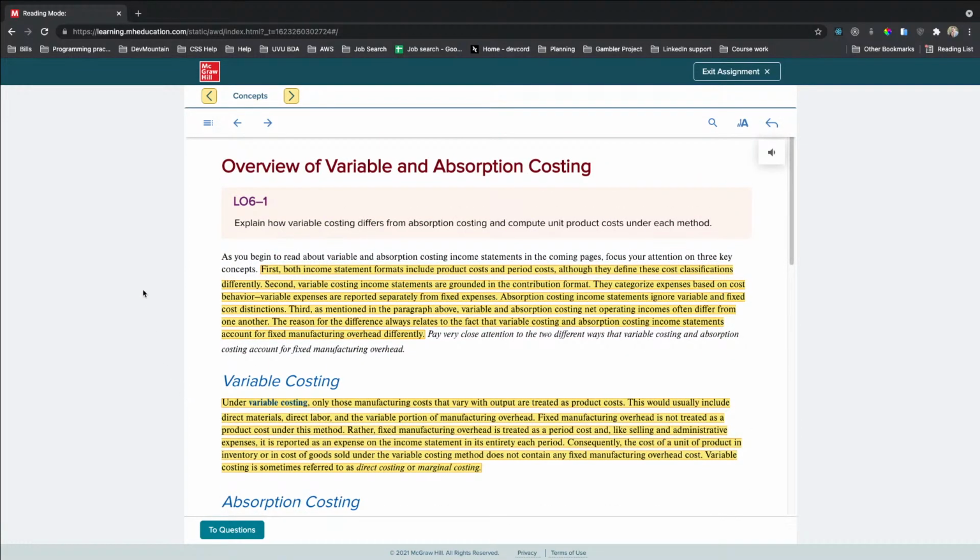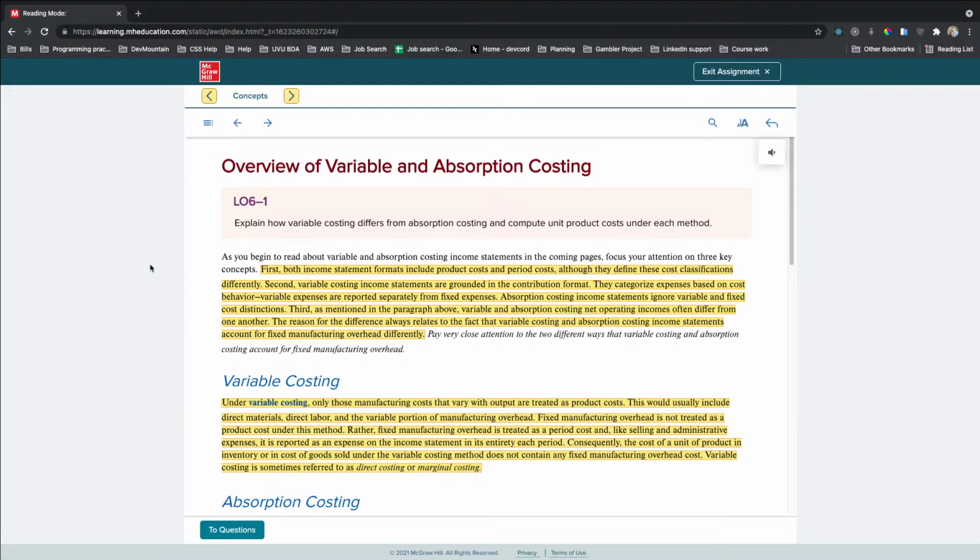As you begin to read about variable and absorption costing income statements in the coming pages, focus your attention on three key concepts. First, both income statement formats include product costs and period costs, although they define these cost classifications differently. So that's important. Product costs and period costs do vary. Second, variable costing income statements are grounded in the contribution format.